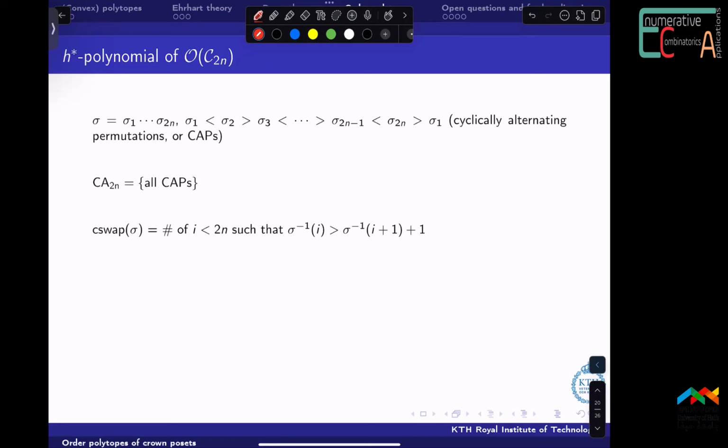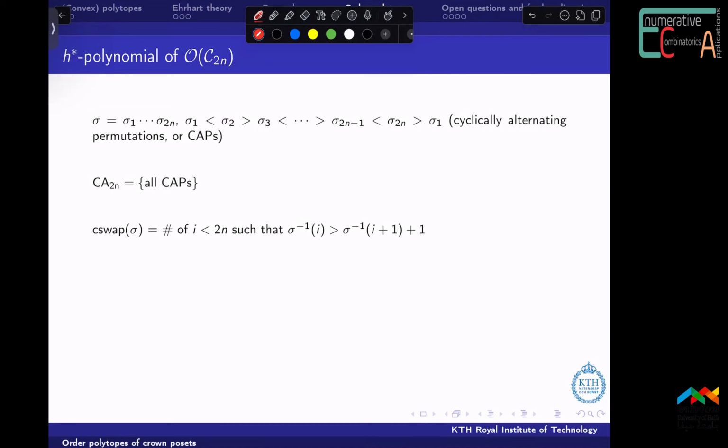The other result that I'm going to show you is another combinatorial interpretation for the coefficients of the h-star polynomial of the order polytope of a crown poset. To do that, I need to talk about cyclically alternating permutations, which were mentioned briefly yesterday by Stanley.